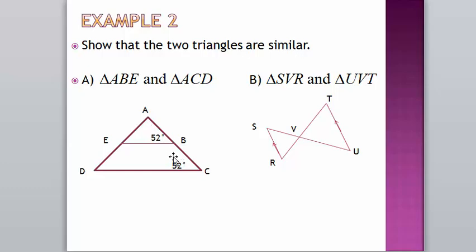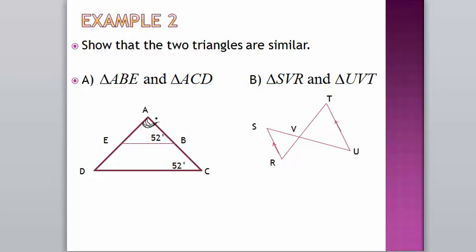So we have one pair of congruent angles. We need a second pair. Well, notice they both share angle A. So I don't know what the measure of angle A is, but I know it's in common for both triangles, so they have a second pair of congruent angles.